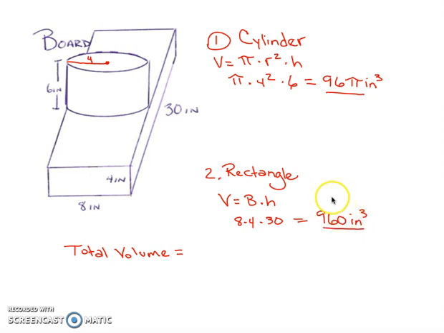Now in this case, I have one measurement that's in terms of pi, so that's 96 pi for the cylinder, and then I have the prism that's 960 inches cubed.